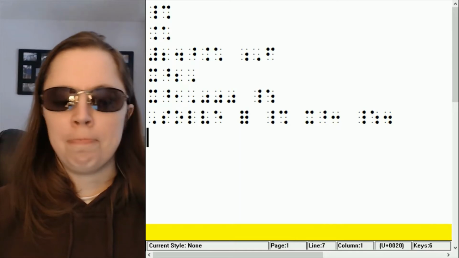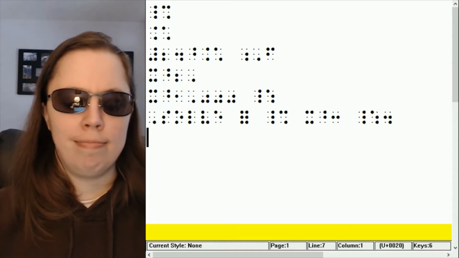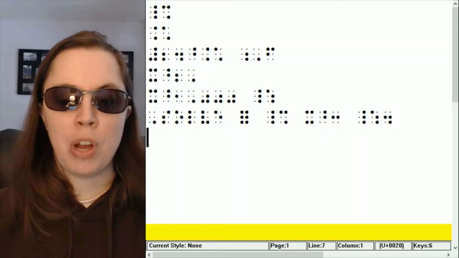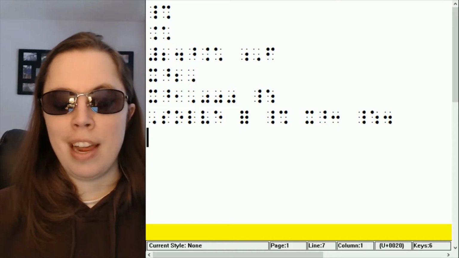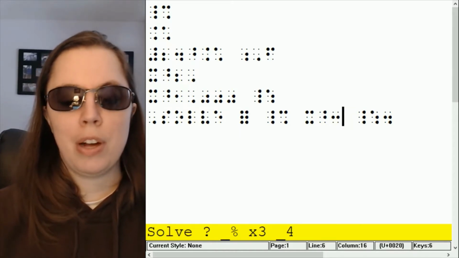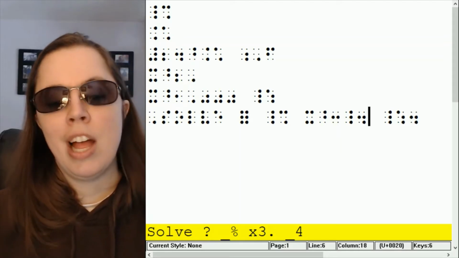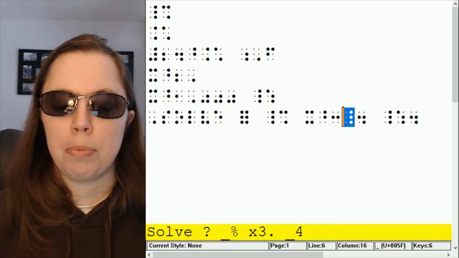If, however, I was writing that whole equation in Nemeth and was going to keep going in Nemeth after that, but there was a period after the solve for, I could have a punctuation indicator and a period. The punctuation indicator would terminate the superscript mode.